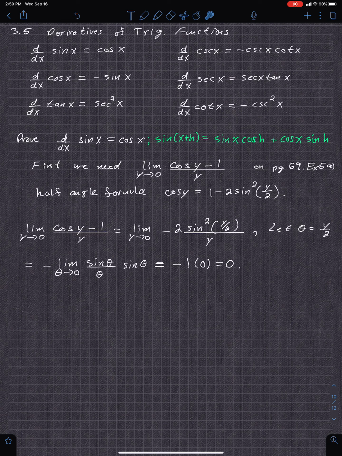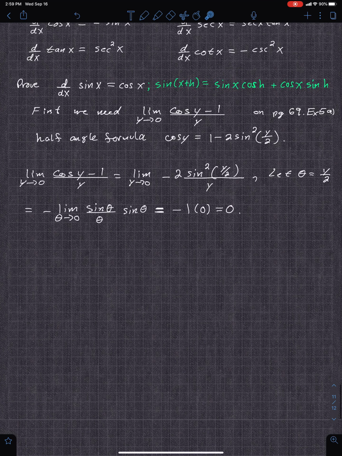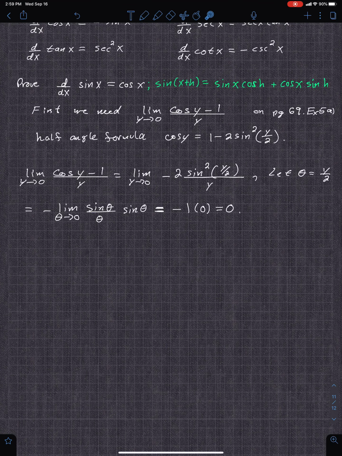So the first one we're going to use here is, we want to prove d dx of sine x and cosine x. We're going to need this sum formula, the sum formula for sine and cosine.